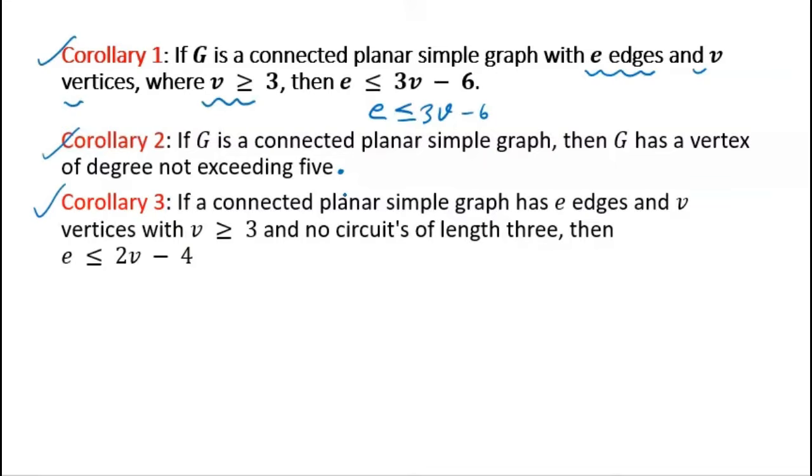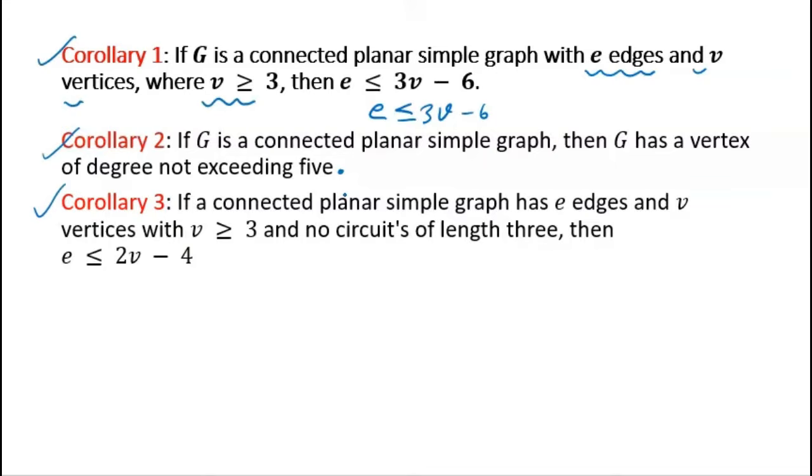It means that you can't draw a planar graph with every vertex of degree greater than 5. Let me repeat: if you have any connected planar simple graph, then it will have a vertex whose degree is at most 5.